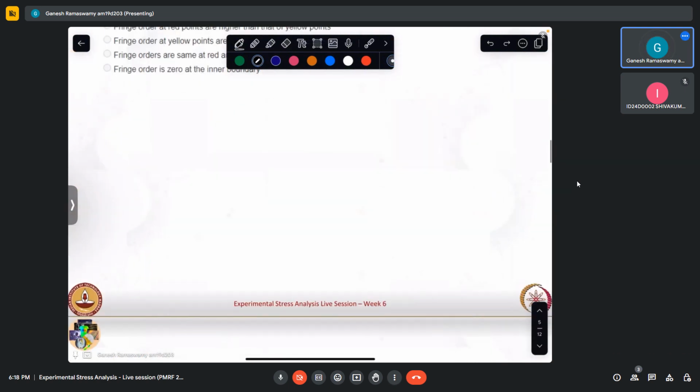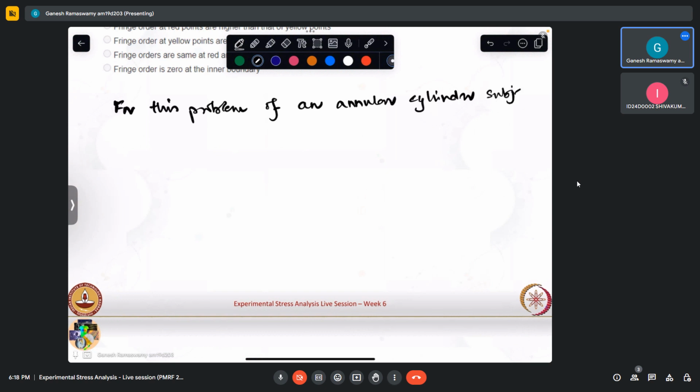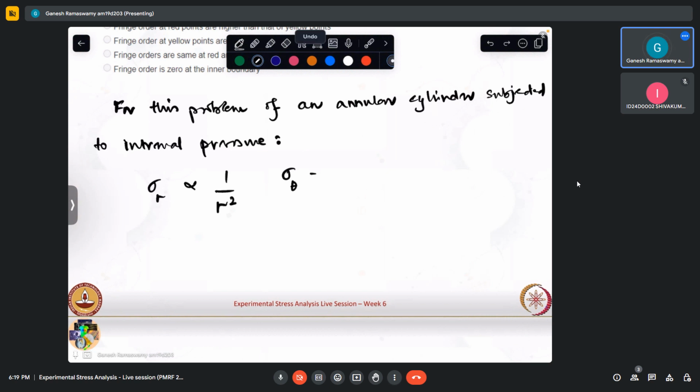So if we look at our equations, in this case actually sigma r and sigma theta, or rather let me write here, for this problem of an annular cylinder subjected to internal pressure. So basically we will see that sigma r is proportional to 1 by r squared. Similarly, sigma theta will be proportional to 1 by r squared.